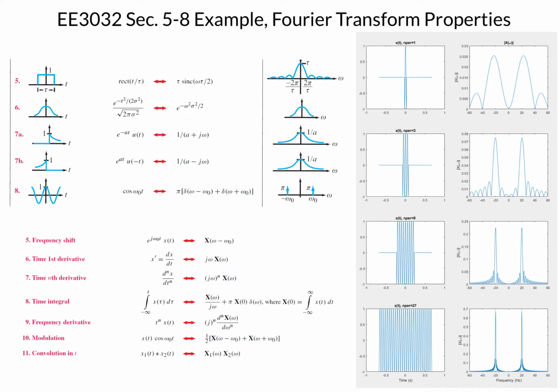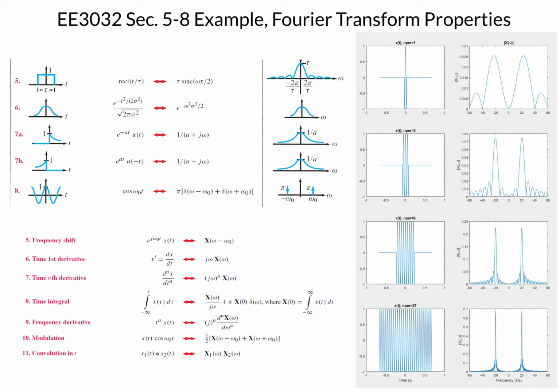If we look at pair number 5, we see we have a rectangular pulse, and it gives us this sinc function in the Fourier domain. And we combine that with what is called the modulation property.